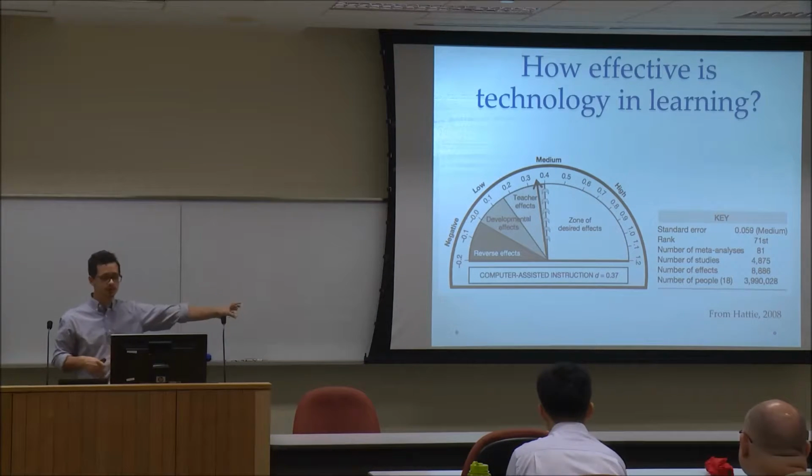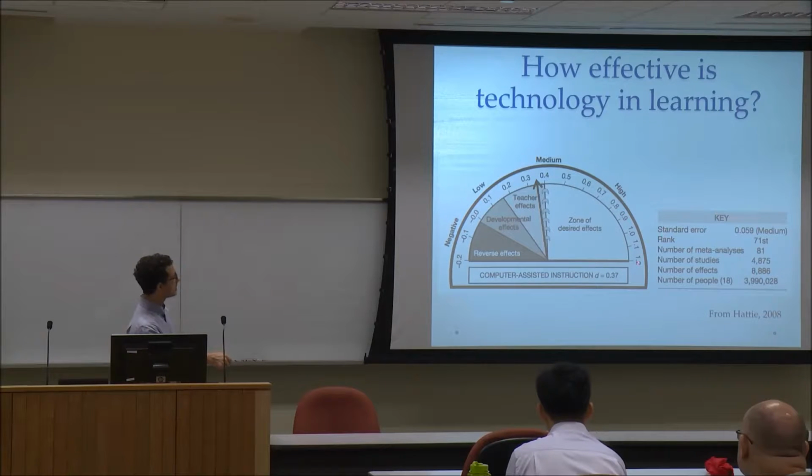In terms of computer-assisted instruction, there are so many studies on them, with quite a range of findings in terms of how effective they are. This is the effect size: d equals 0.37, that's in standard deviations.